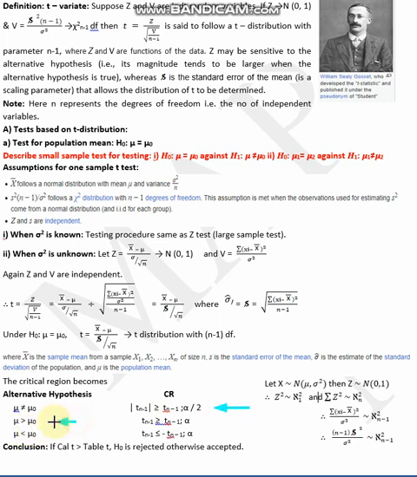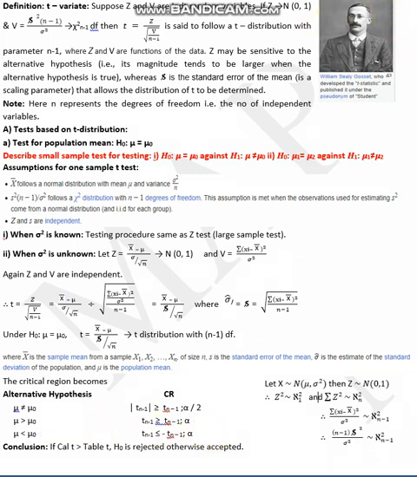If my test is right-tailed, then t n minus 1 should be greater than t n minus 1 alpha, and if it is a left-tailed test, so mu is less than mu naught, then t n minus 1 is less than or equal to minus t n minus 1 alpha. This is the critical region, where we can divide the data into acceptance region and critical region.